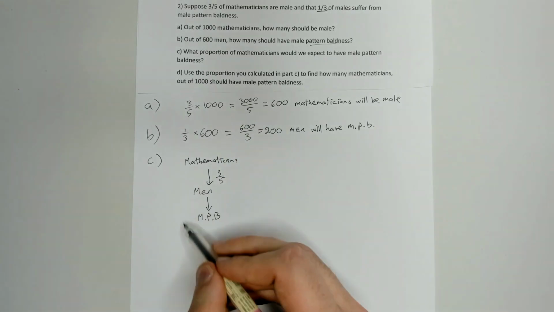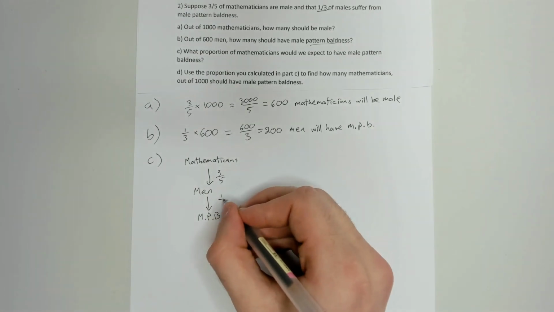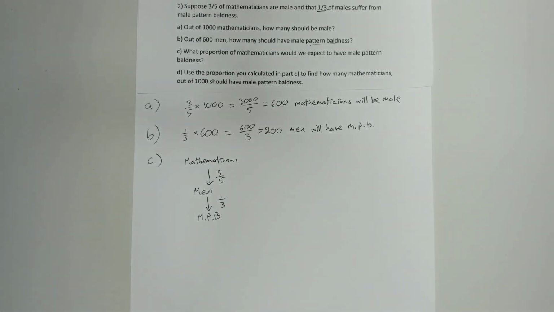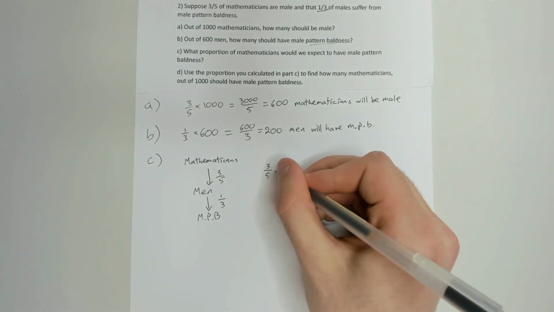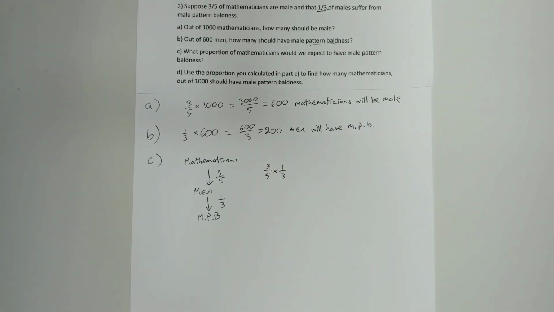And to get this second piece here, we need to use the proportion of males that have male pattern baldness, which is 1/3. And since we're doing a piece of a piece, notice I'm using that word of, which we talked about is multiplication for fractions. What we do is we actually multiply these fractions together. We do 3/5 times 1/3.